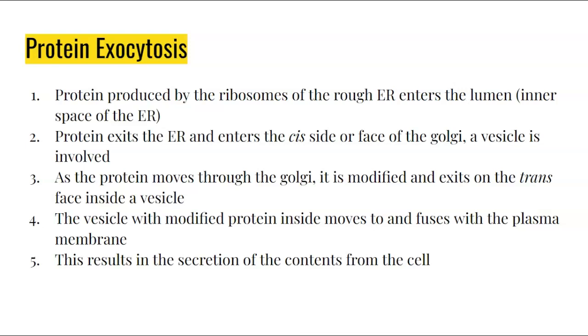Now this vesicle with the modified protein moves and fuses with the plasma membrane, and then it will push against the plasma membrane until that vesicle is allowed to leave the cell, and it will be able to travel to wherever it is planning on going, another cell, a muscle, whatever it may be. So the idea of protein exocytosis is the secretion of a protein from a cell to somewhere else in the body.